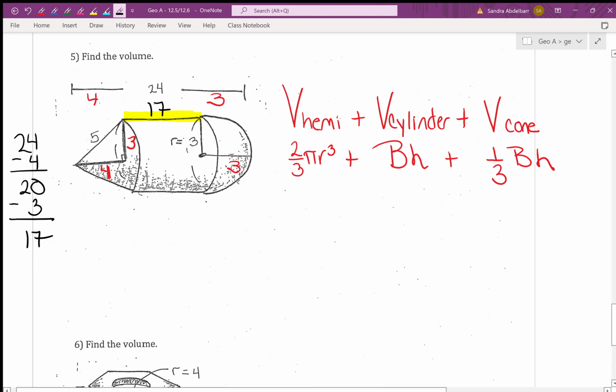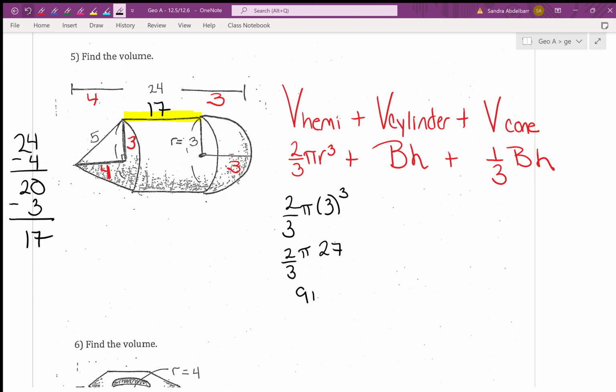All right, now we're going to plug into our formula. So we're 2/3 pi 3 cubed. So this is going to be 2/3 pi 27, which will give us 18 pi. All right, cylinder.